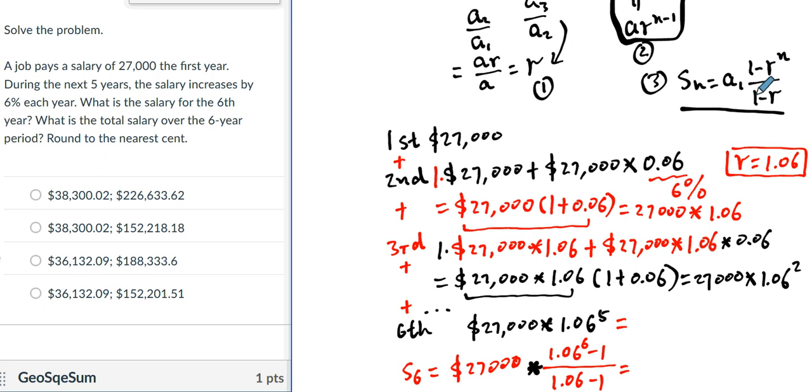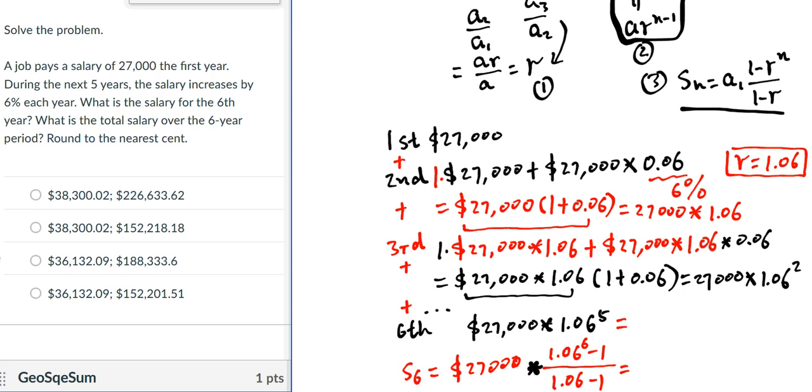Both numerator and denominator are multiplied by negative 1, so you switch these terms. In this case, I wrote r to the nth power first, subtract 1, then downstairs you do the same: r goes first, and then minus 1. So this will be the sixth year's salary, and this will be our total salary.